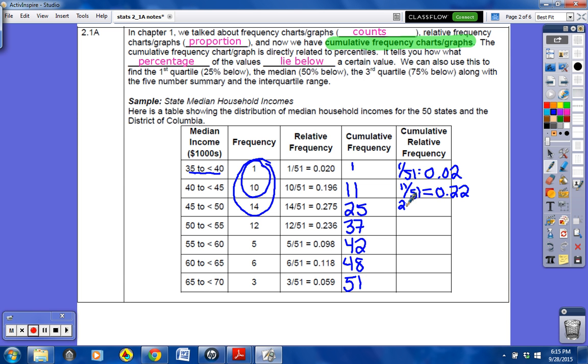So then I still go through 25 divided by 51, 0.49, and then 37 divided by 51, which is 0.73 or 73%, and then 42 divided by 51, which is 0.82.